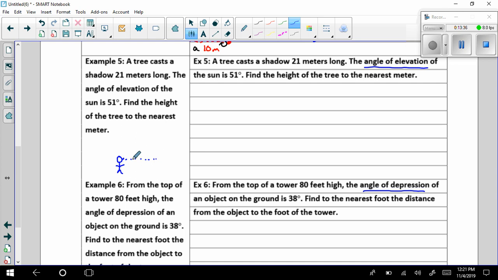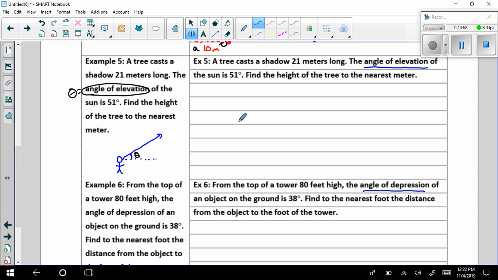That's your direct line of sight. Well, and then you avert your attention upwards, and so it creates this angle inside here that's called your angle of elevation. So again, we'll call this theta. Theta is your angle of elevation.